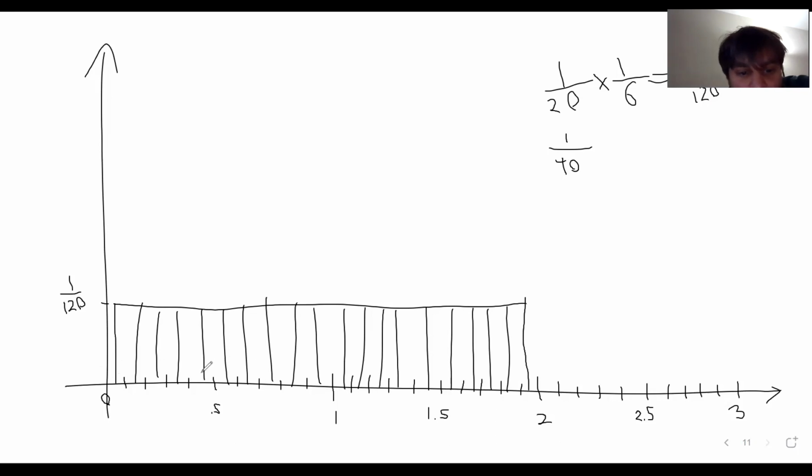There are 20 indents, and so it's half of them. So this thing from 0 to 2 is made up of 40 of these half indents. So this is 1/40th of the total thing. And there's a 1/6 chance you would choose that interval. So this is 1/240. There's a 1/240 chance that the number is rounded to 0. So the histogram will then have a height of 1/240 at 0.